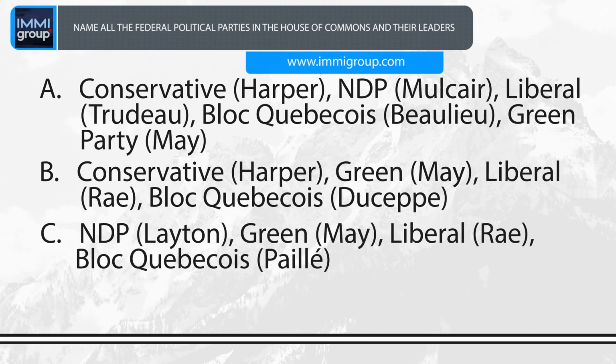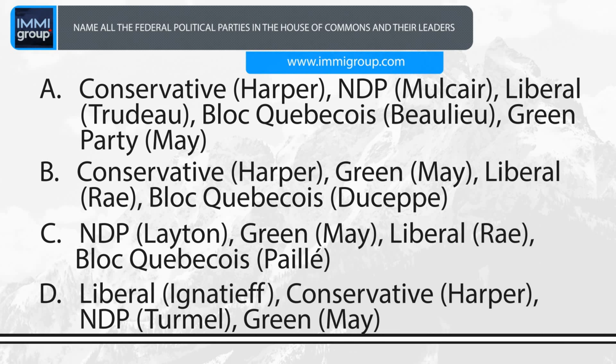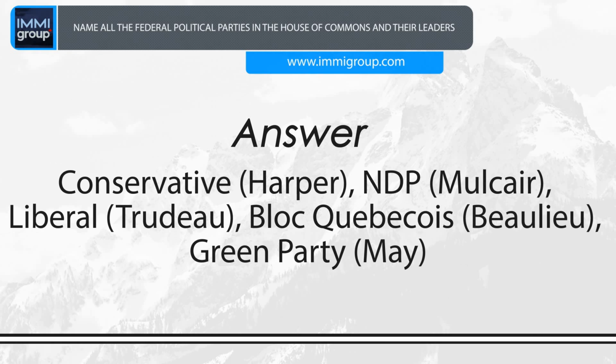C. NDP, Layton. Green, May. Liberal, Rae. Bloc Québécois, Paillé. D. Liberal, Ignatieff. Conservative, Harper. NDP, Turmel. Green, May. Answer: Conservative, Harper. NDP, Mulcair. Liberal, Trudeau. Bloc Québécois, Beaulieu. Green Party, May.